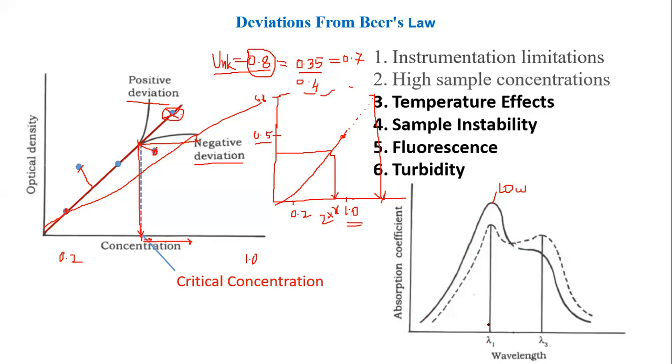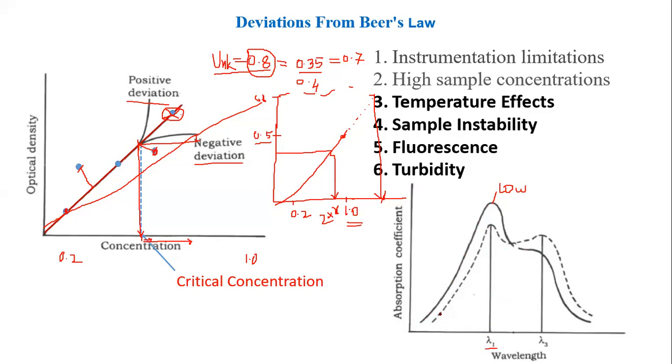On this basis, I can find out at what value of wavelength my compound absorbs maximally. This I have labeled as lambda 1. This is the wavelength at which my compound at low concentrations absorbs maximally.